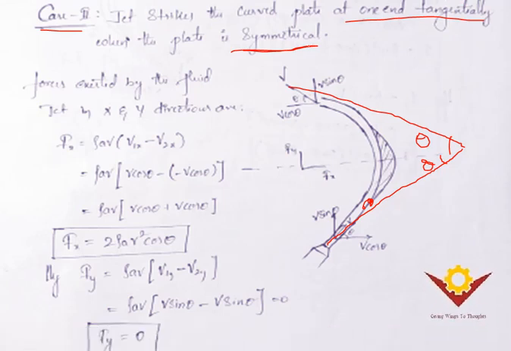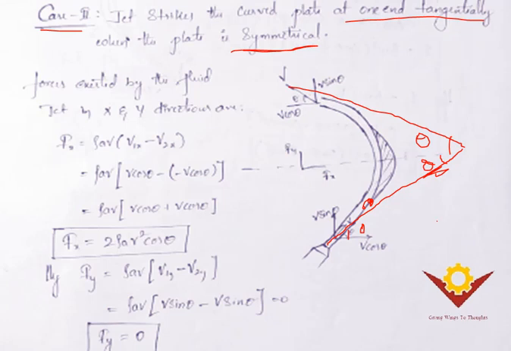Now the jet is striking at the tip of the plate, so it is inclined with the horizontal, which is theta here. You can see here the theta, and here also it is theta. That means these are similar alternate angles, or we can call it similar triangles.